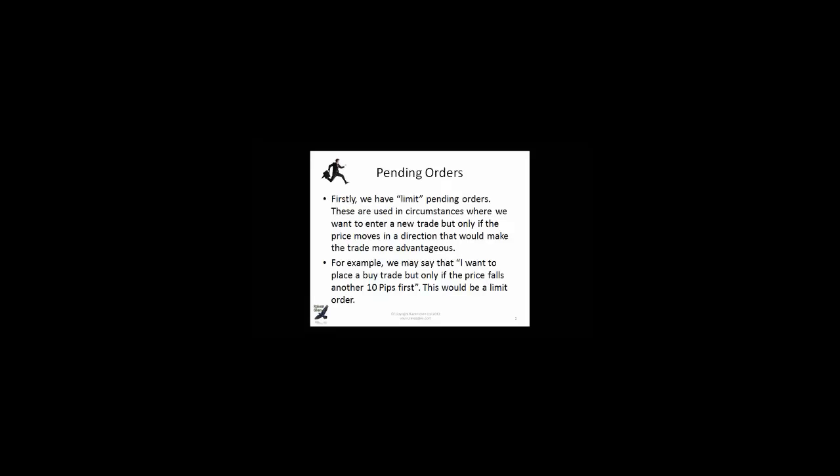So basically a limit entry is an order placed to either buy below the current market price or sell above the current market price, and it saves you waiting and looking at your computer screen to do a manual entry. You can actually place that pending order and leave it to execute automatically by the system.